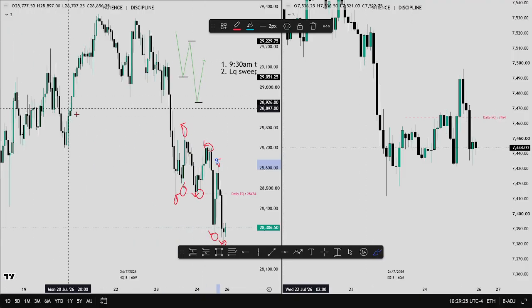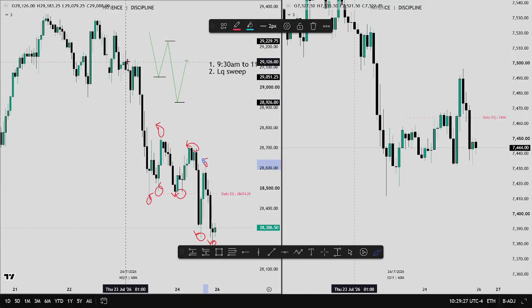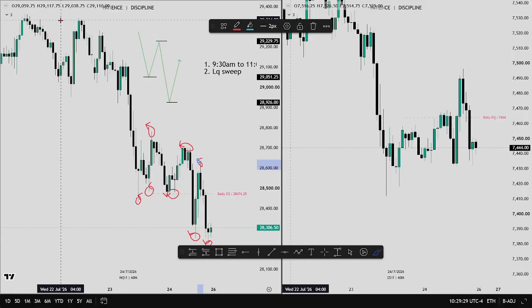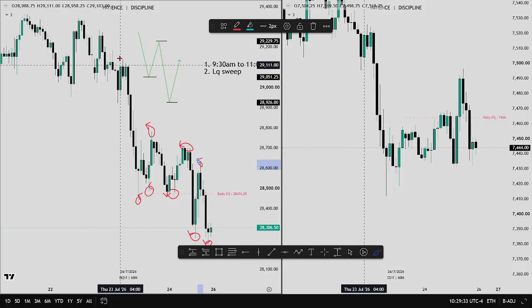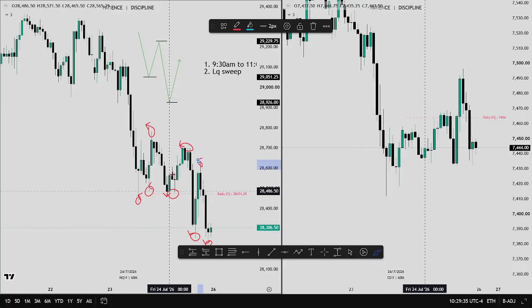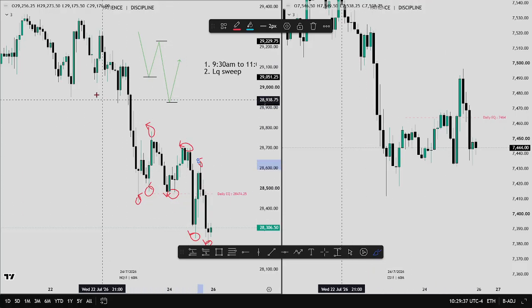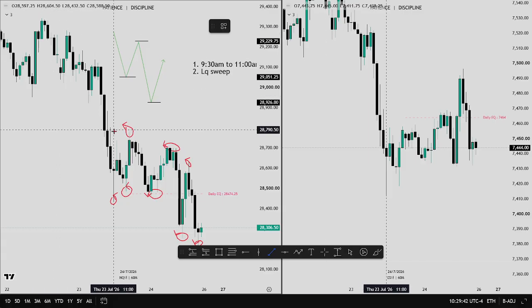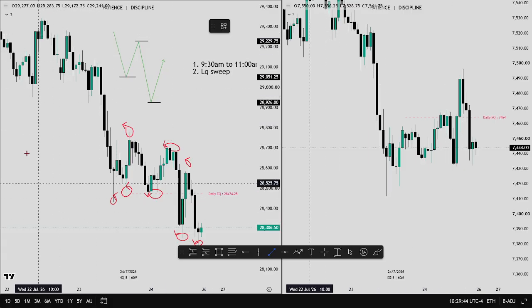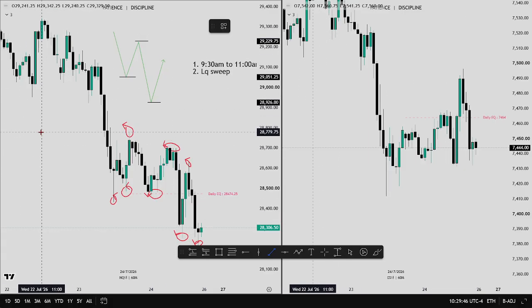If you look at the market structure, this is a bearish market structure. You can see that it's creating lower lows and lower highs. To identify sell stops and buy stops in this price leg, let's start with sell stops.